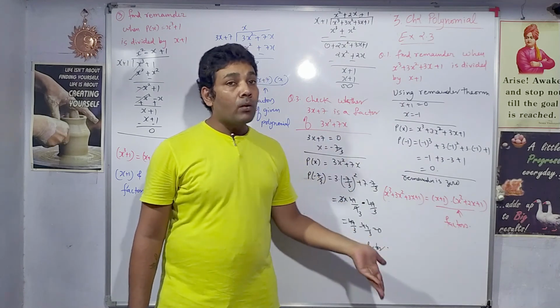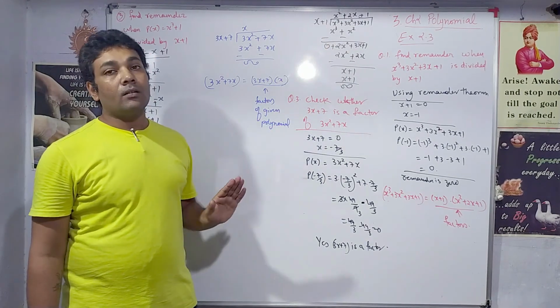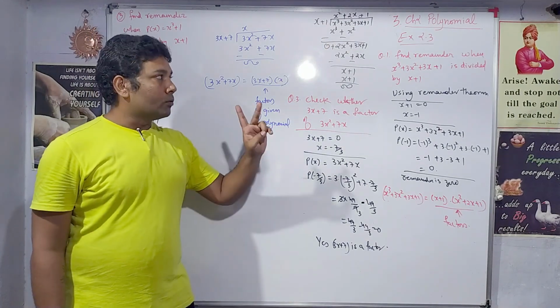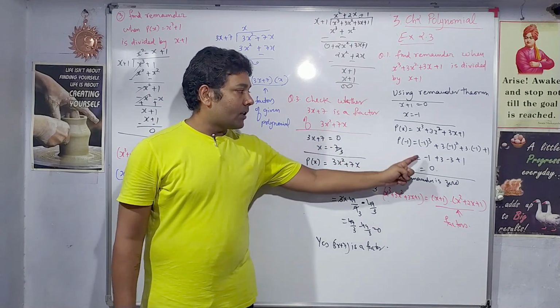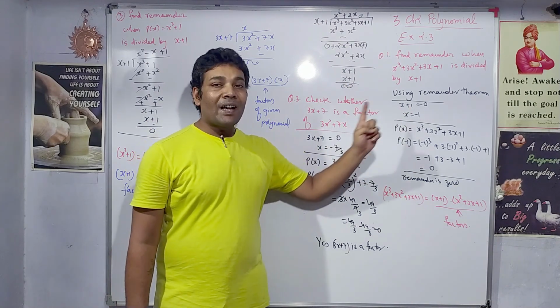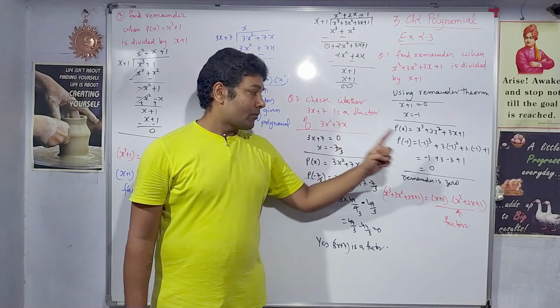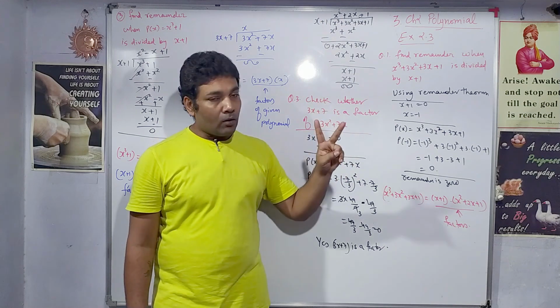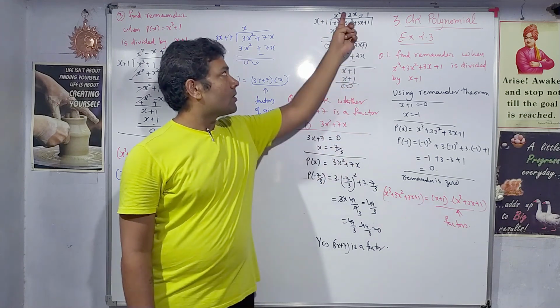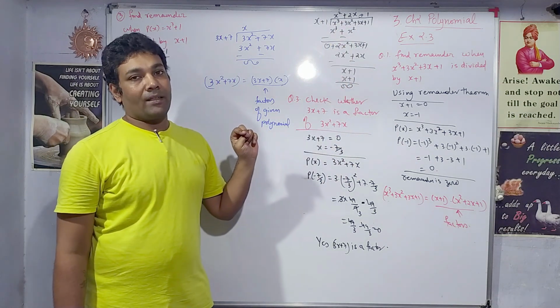How to find more factors? To find more factors, long division has to be used. Two things have to be kept in mind from this exercise. First thing, if the remainder is 0, then the divisor is a factor. Second thing, to find more factors, you carry out the long division method, right?